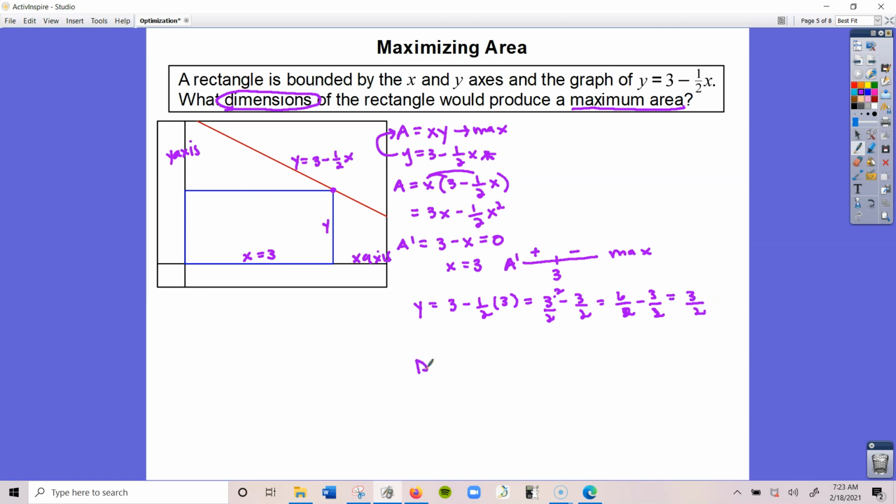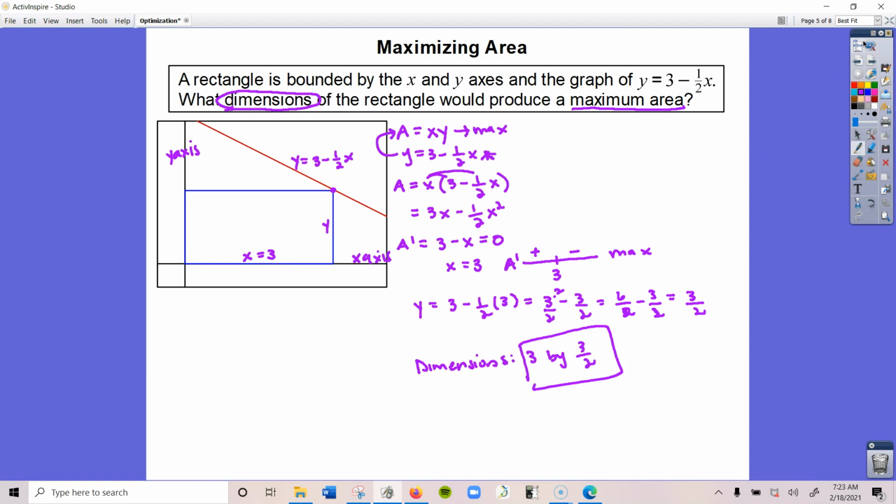So my dimensions, since now I have x and y, are 3, which is the x, by 3 over 2, which is the y. And since we weren't given any units, we don't have to worry about any units.